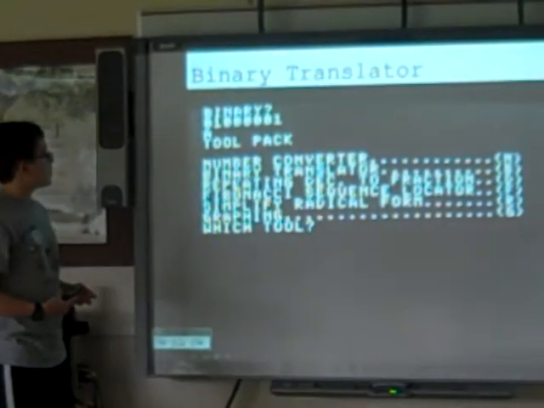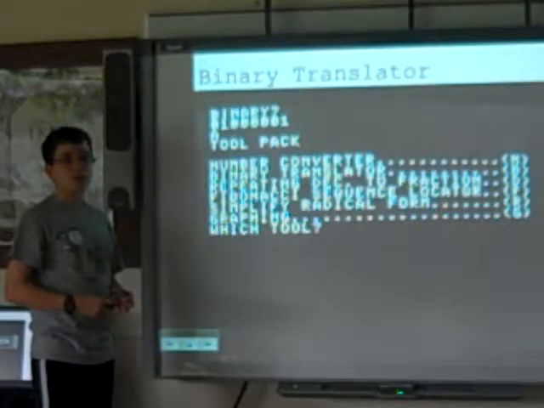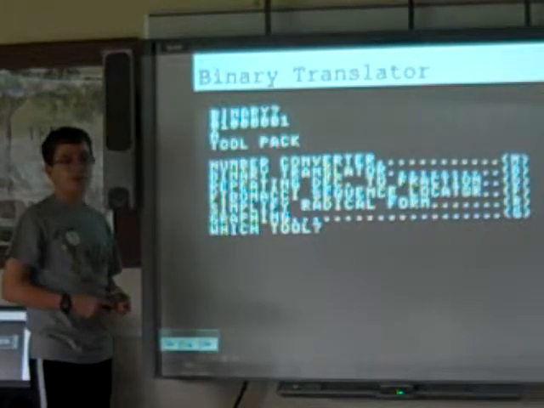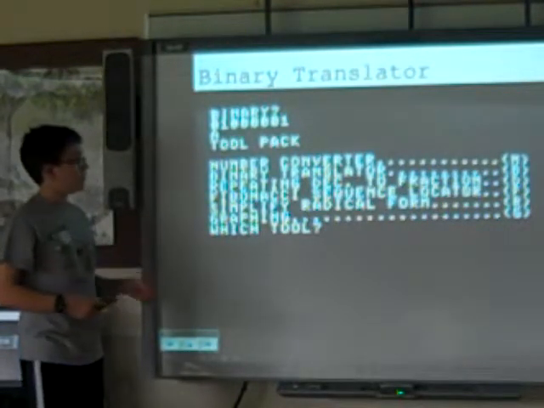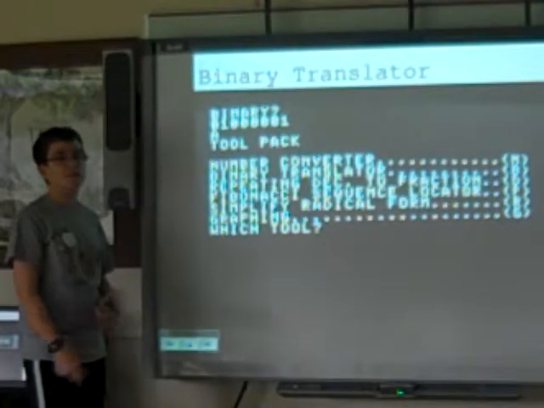Yeah, it translates to 65, and the ASCII code is the same as the alt codes. So if you press Alt and then type in 65 on the numpad, then you get A.